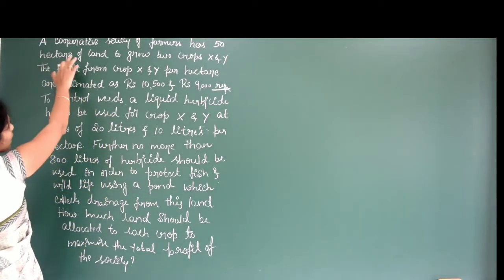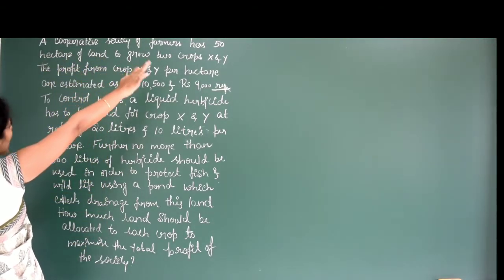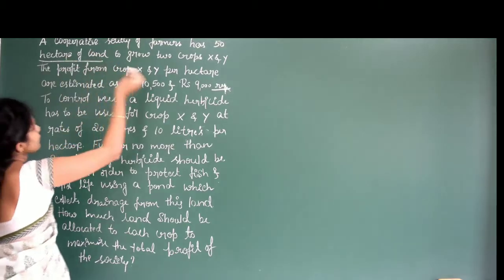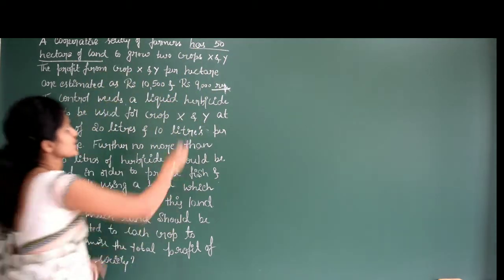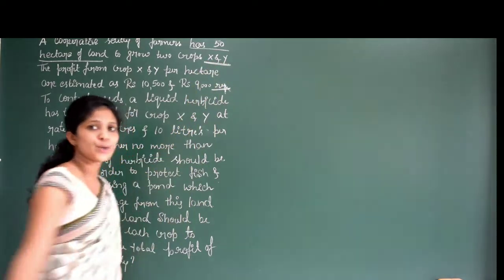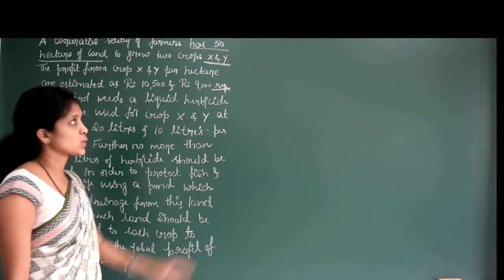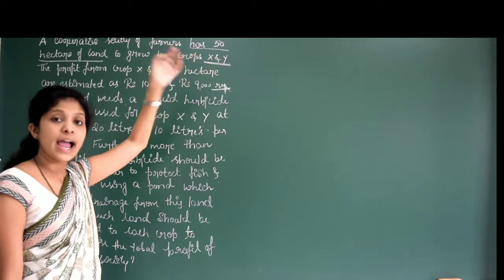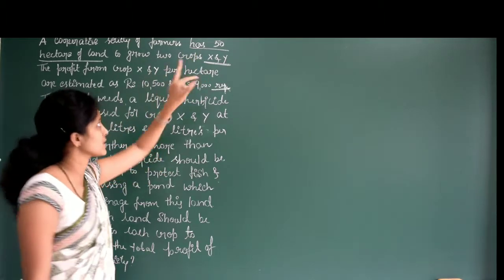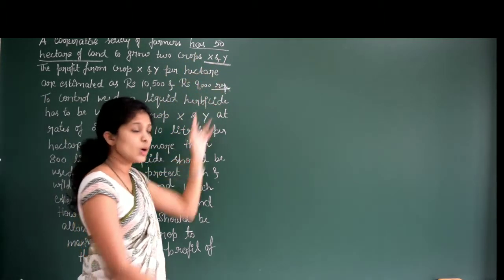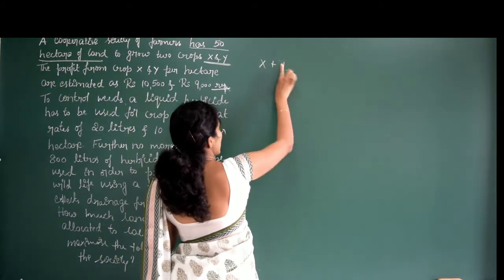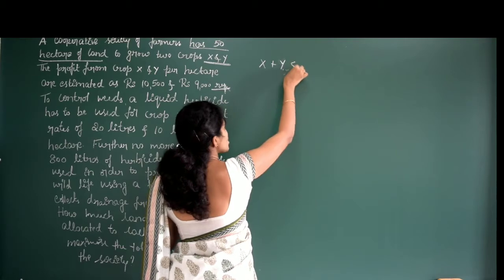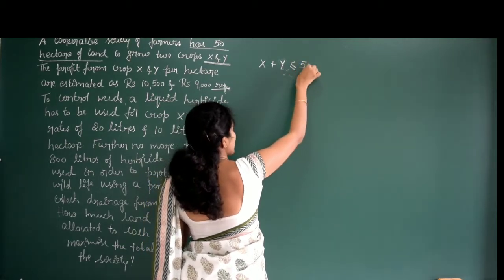Let me read it. A cooperative society of farmers has 50 hectares of land, so total 50 hectares of land is there to grow 2 crops, that is X and Y. By using this we can find the equation, right? They need to grow only 2 crops, X and Y. So the sum, X plus Y, should be less than or equal to 50, right?